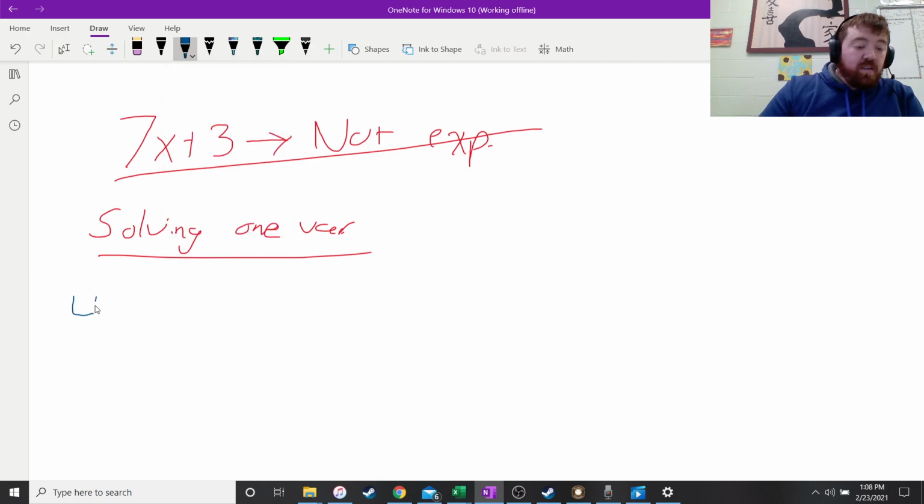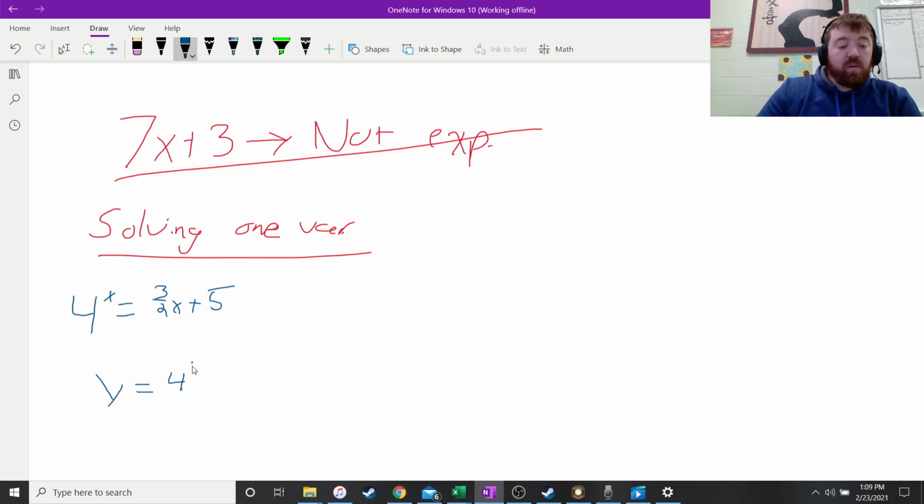So to start out, let's do 4 to the x power is equal to 3/2 x plus 5. So in order to do this, one thing we could do is set each of these as their own function. So y is equal to 4 to the x power, and y is equal to 3/2 x plus 5.